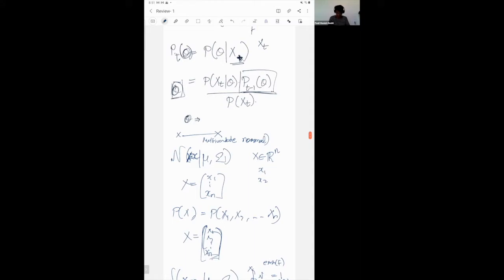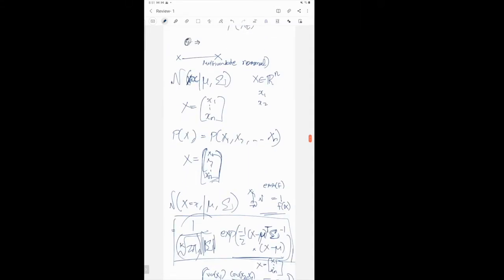Yeah, here. So here you said that the capital X is a multivariate random variable, right? So we are basically stacking n univariate variables, which are these cursive x's.